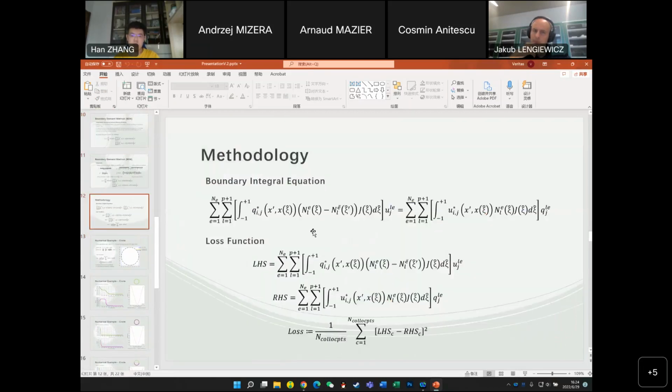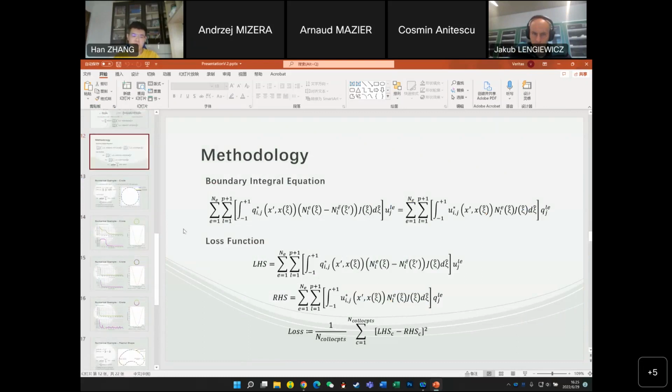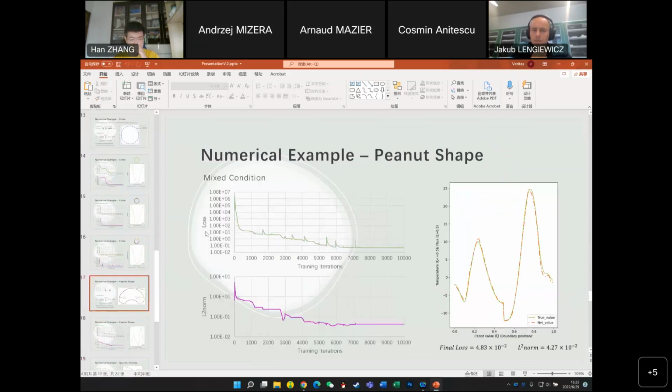Initially we will have only like 12 collocation points and 12 integration points.